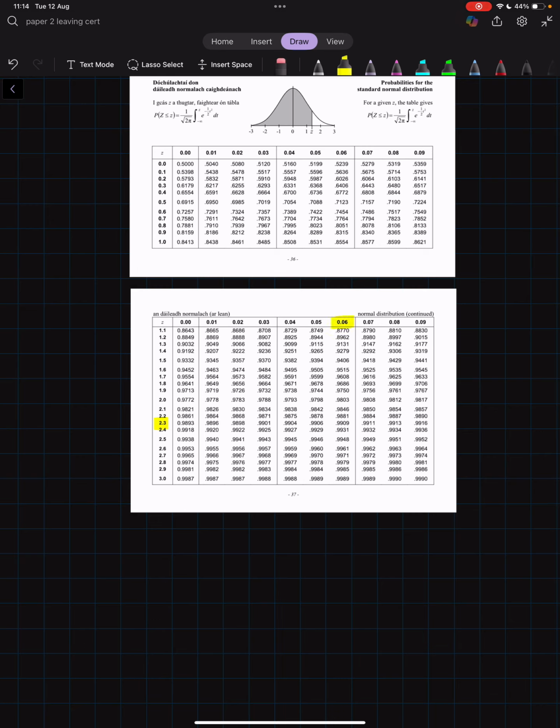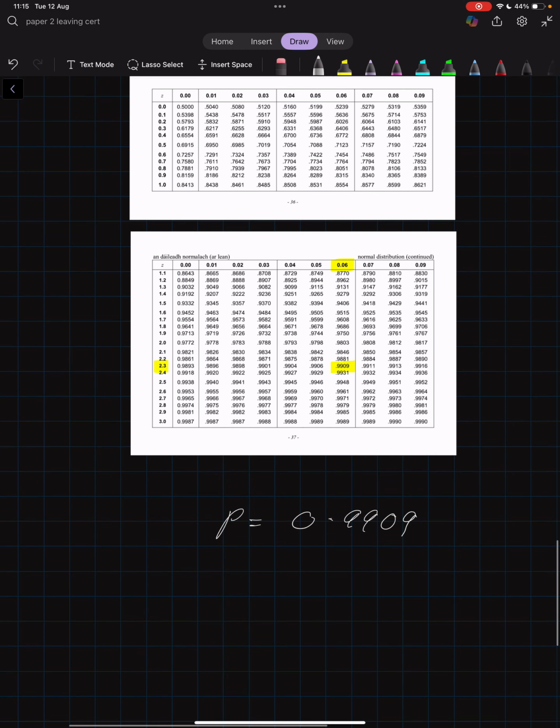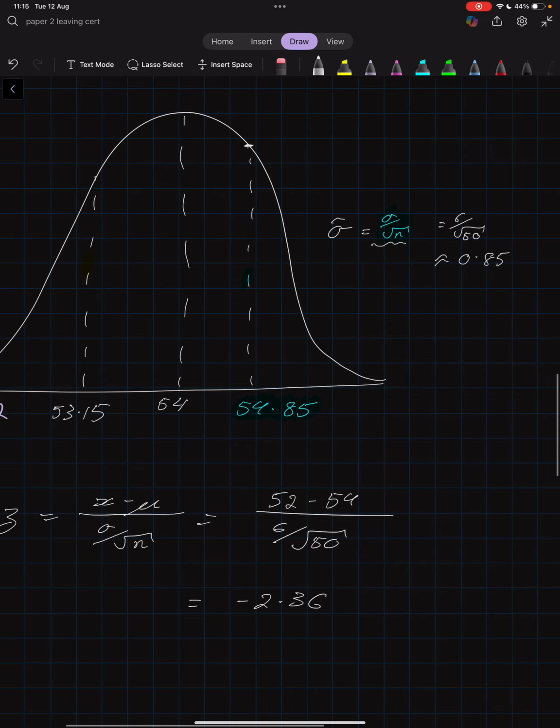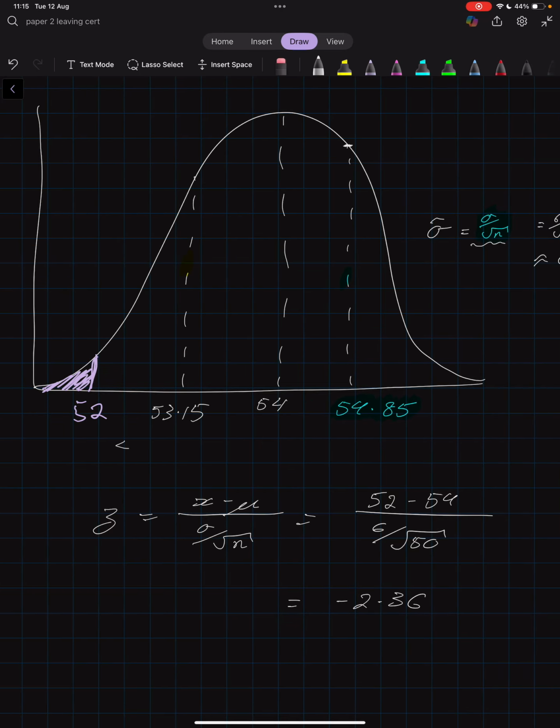So I need this one here. So the chances of getting that are going to be 0.9909. So now that means that there's a 99.09% chance that I will get more than it.